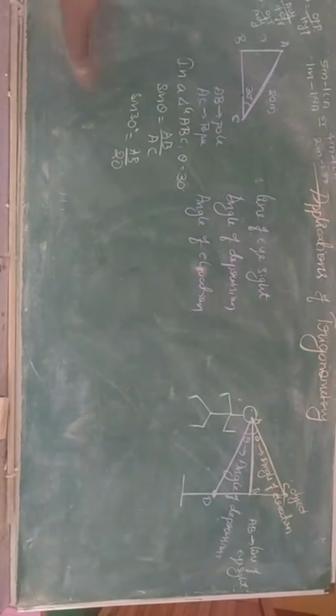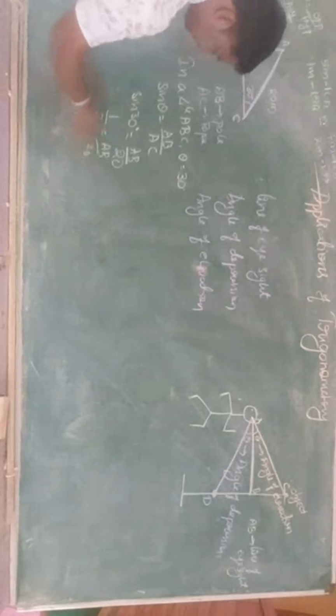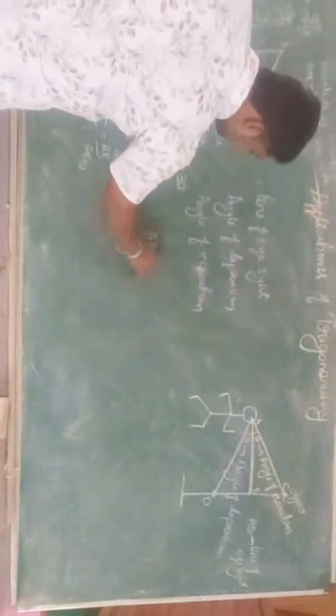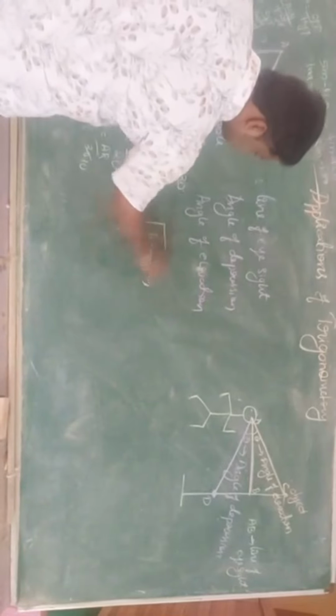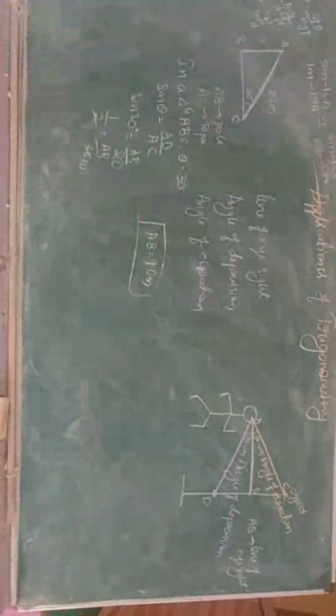Sin 30 is half, equal to AB upon 20. So AB is equal to 10 meter. Hence the height of the pole is 10 meter.